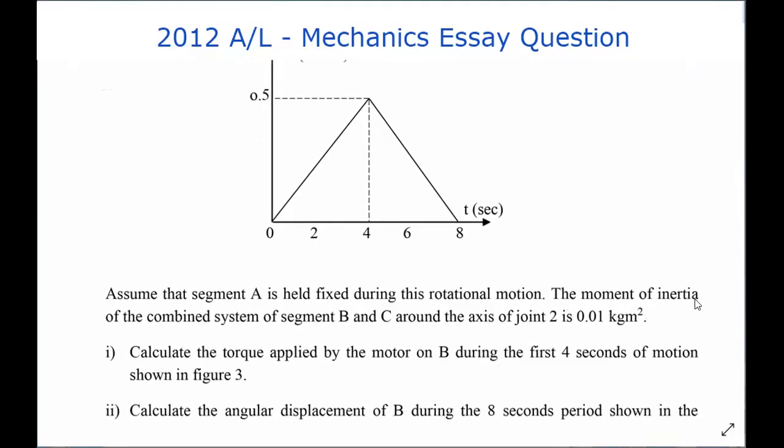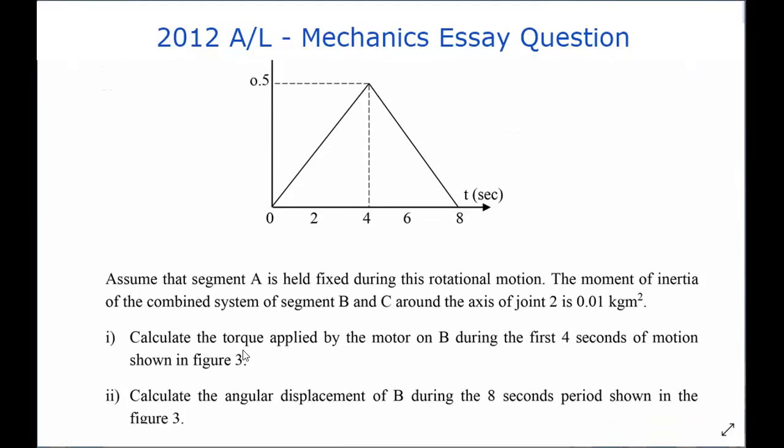The moment of inertia of the combined system of segments B and C around the axis of joint 2 is 0.01 kg m square. Moment of inertia given.